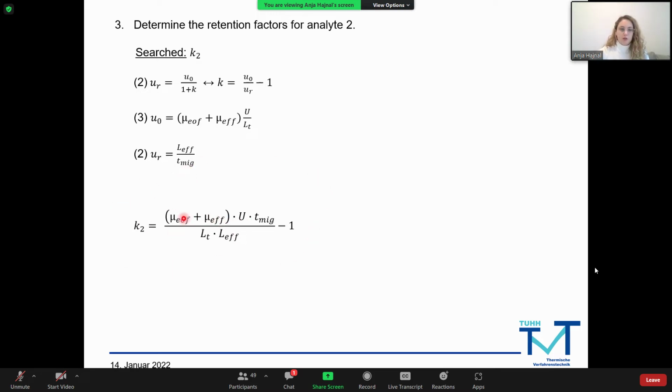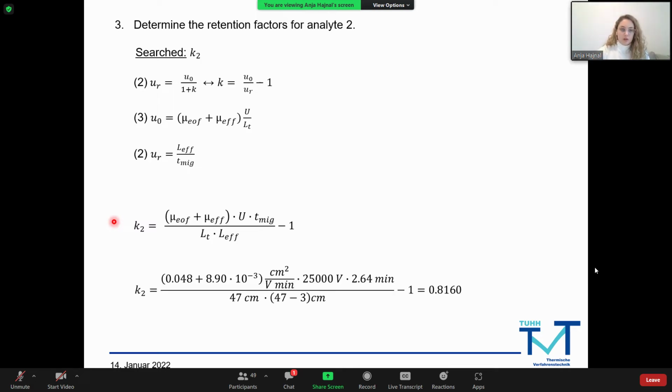And from here, we have all the values already necessary to calculate our retention coefficient. So in the end, you should get that the retention coefficient is 0.8160.